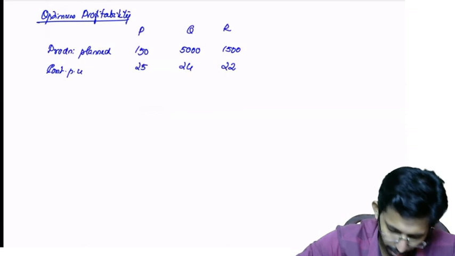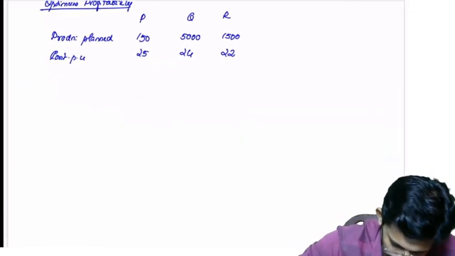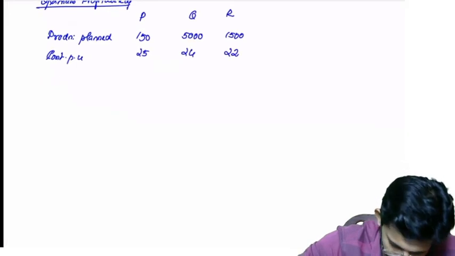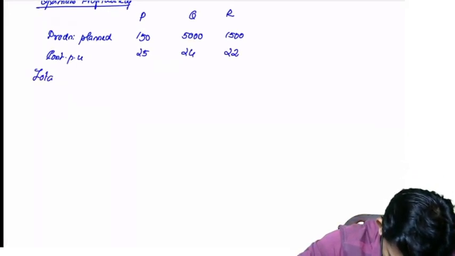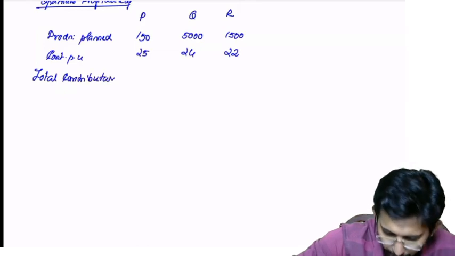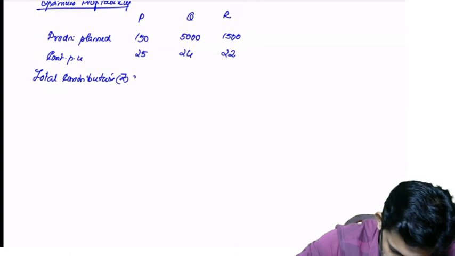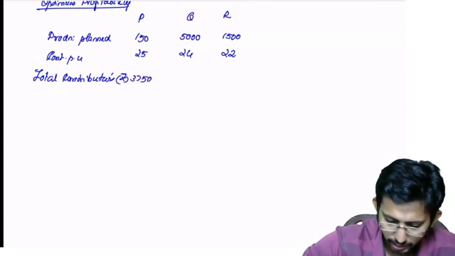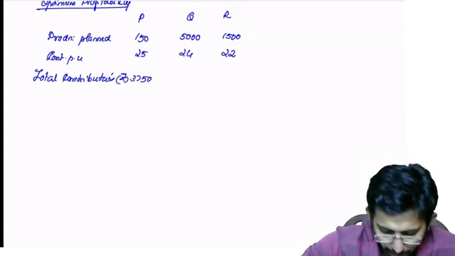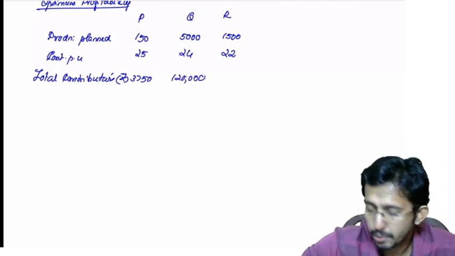Okay, total contribution. Total contribution is 150 into 25, that is 3750. Then 5,000 into 24 will be 1,20,000. Then 1,500 into 22 will be 33,000.